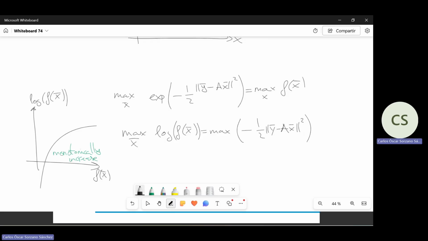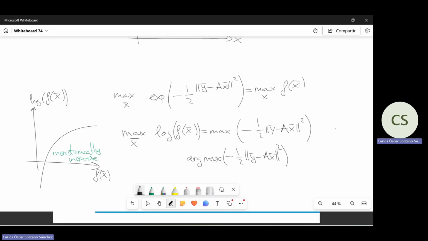And the maximum value itself is not the same, but the argument is the same, the x that maximizes that.